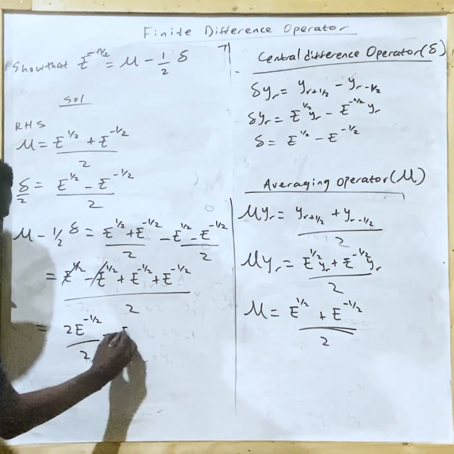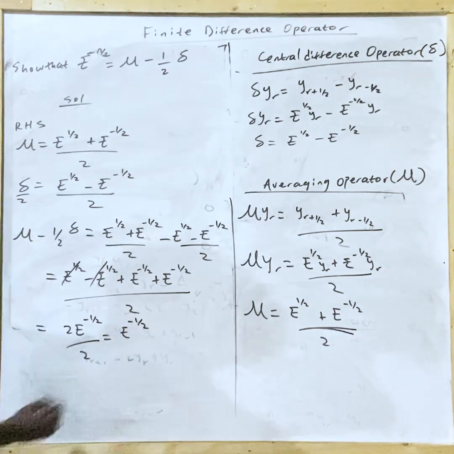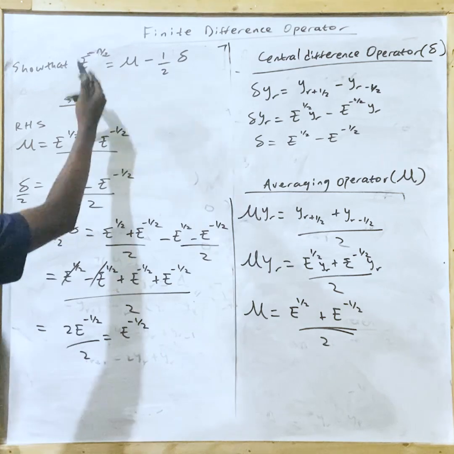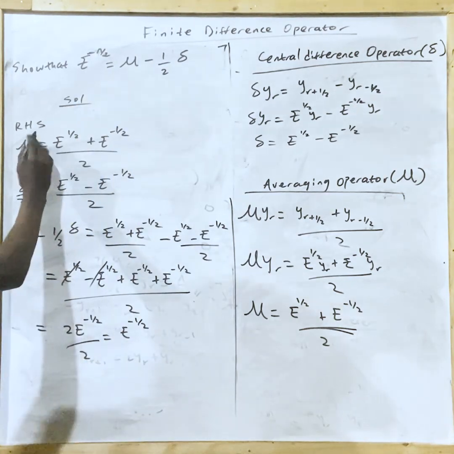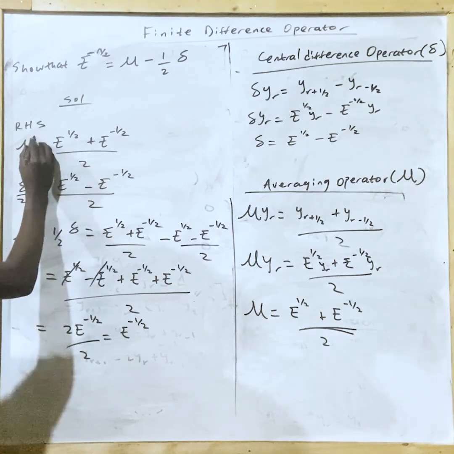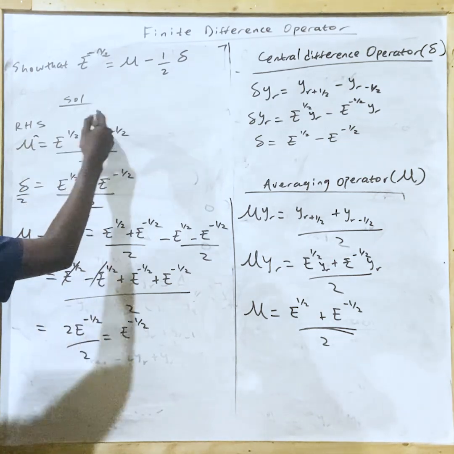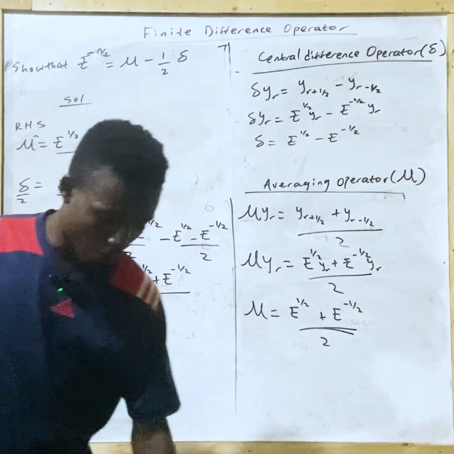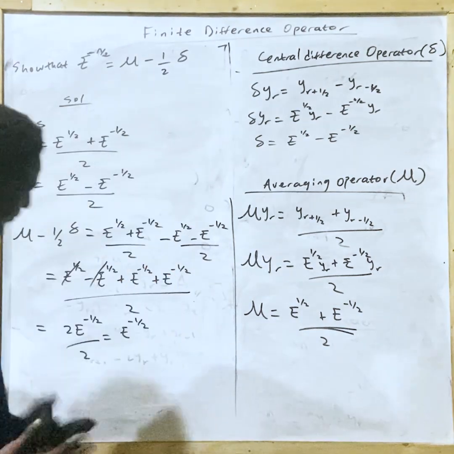So you have E raised to power minus 1 over 2. And this one can actually denote n, because my n for these guys was 1. But if I decide to use n here, all these guys will become n, and my final answer here I'll be arriving at n. So I'll pick the next one.